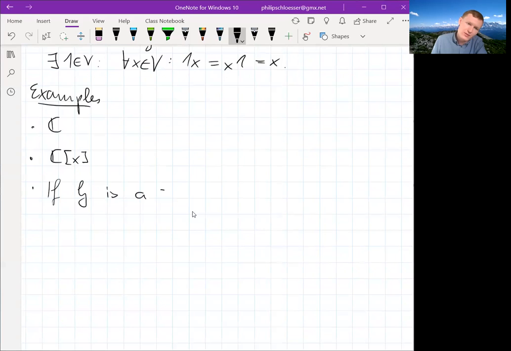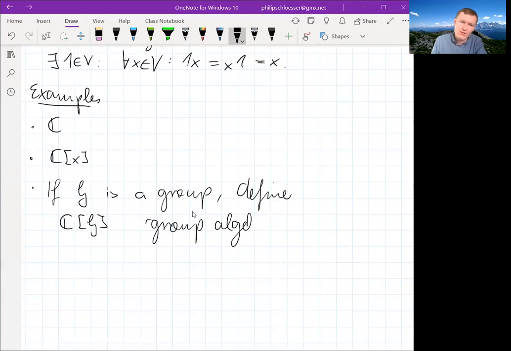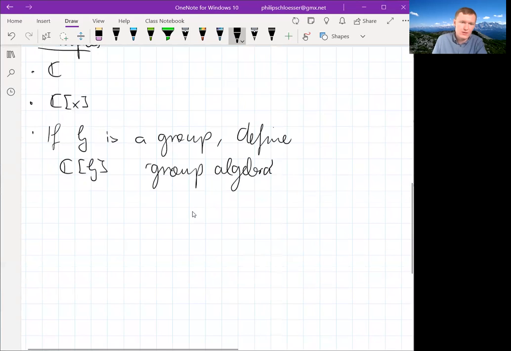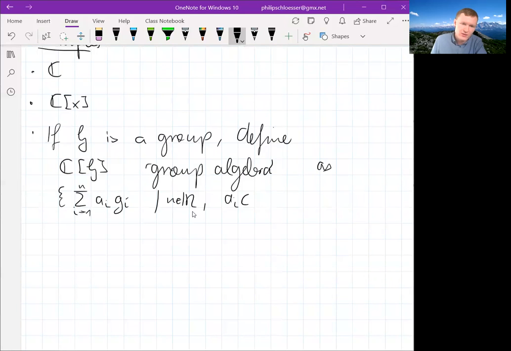If G is a group, we can define ℂ[G], the group algebra, to be formal linear combinations of elements of G. So we have complex coefficients and then just elements of the group.